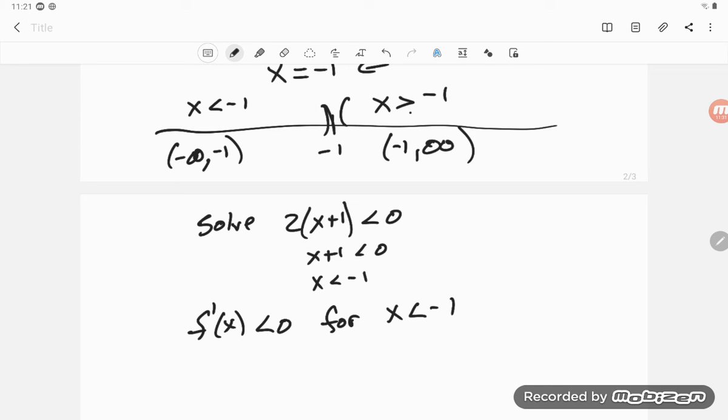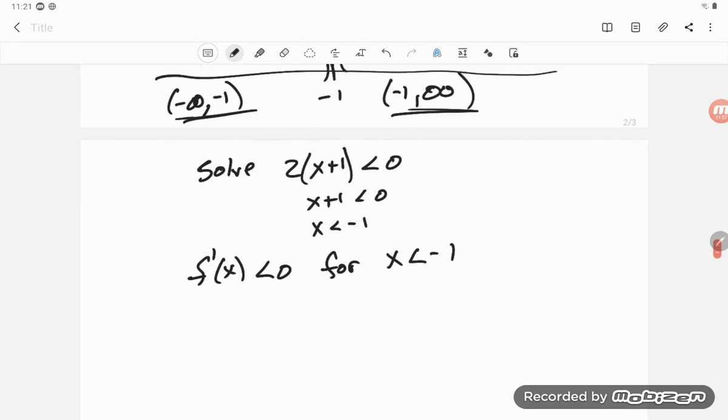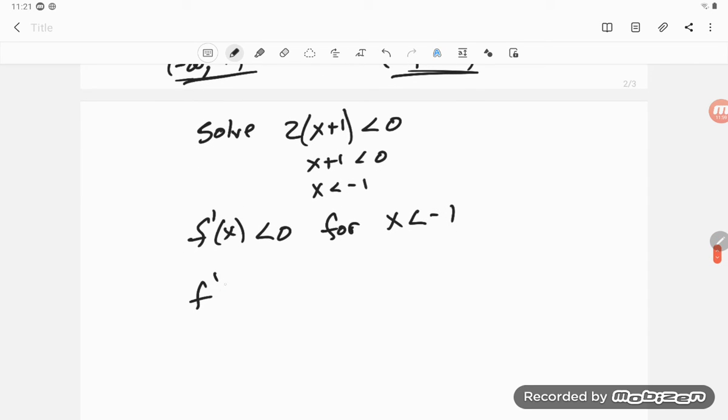Now, another way I could do it is, again, I've got these intervals. I could just take something in those intervals, since I know f prime of x can't change anywhere in there because there are no other critical numbers at which to change. I could just put in 0, so f prime of 0 is equal to 2 times 0 plus 1, and that's 2, which is greater than 0.